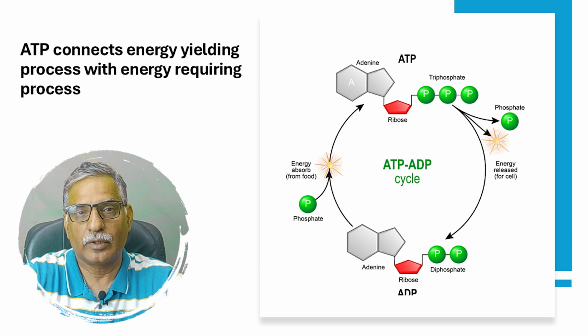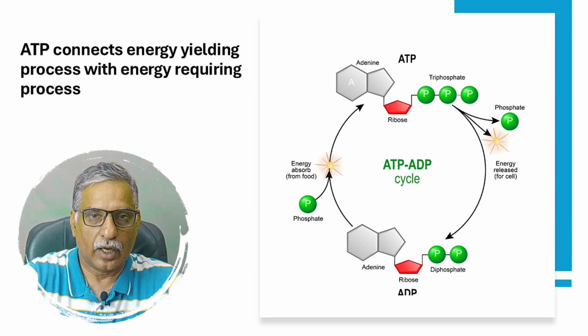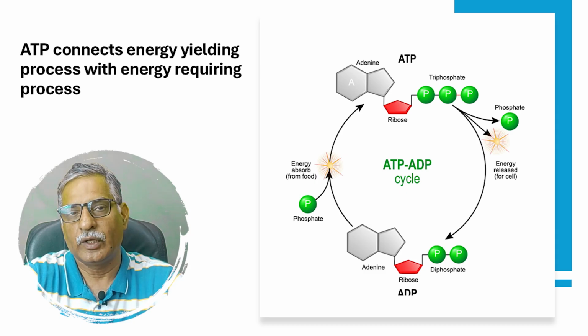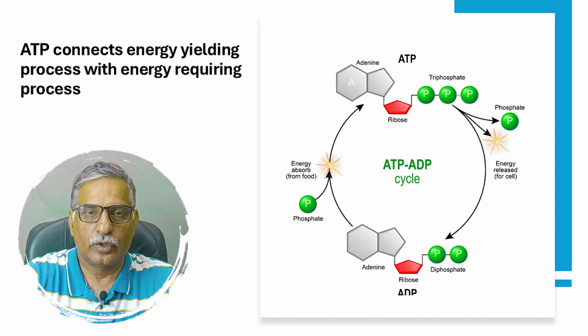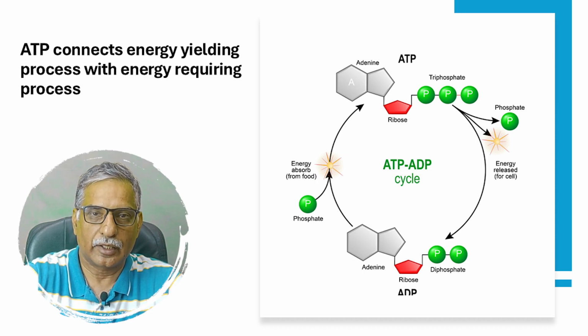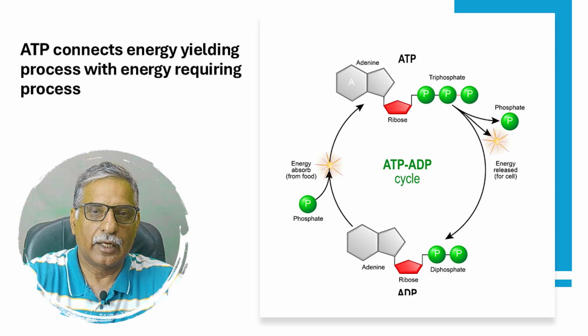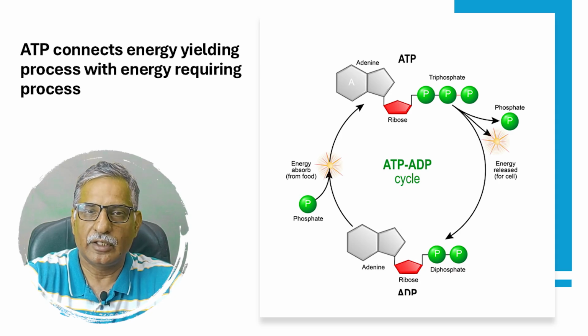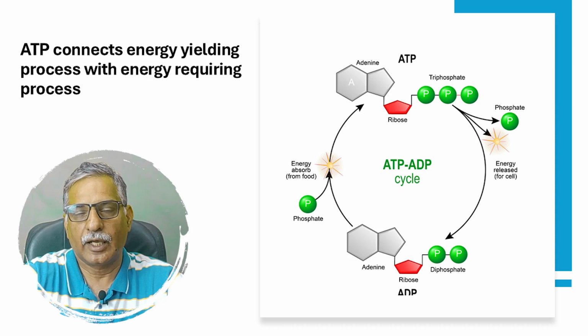Another important thing about ATP is that it is involved in a reversible process, a link between energy yielding processes and energy requiring processes. During oxidation in the respiratory pathways, the ATP molecule is produced, and this ATP is then consumed, releasing energy and phosphate during metabolic activities, which we can take as energy requiring processes.